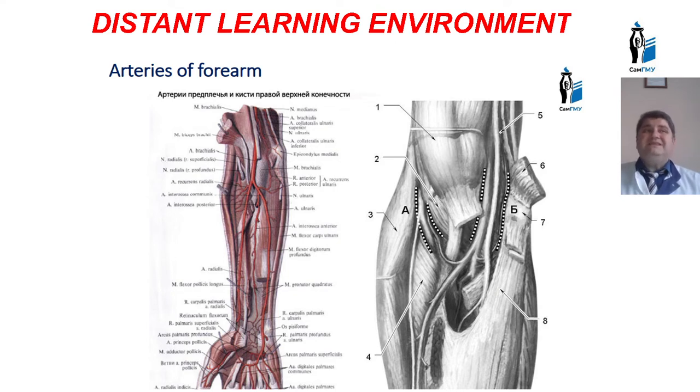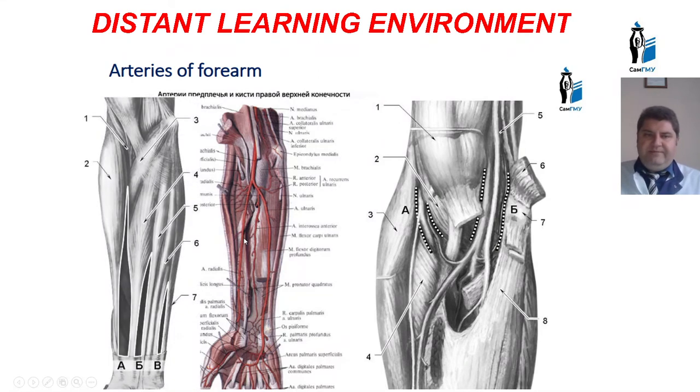So the brachial muscle inserts to the ulnar bone, ulna, tuberositas ulnaris.